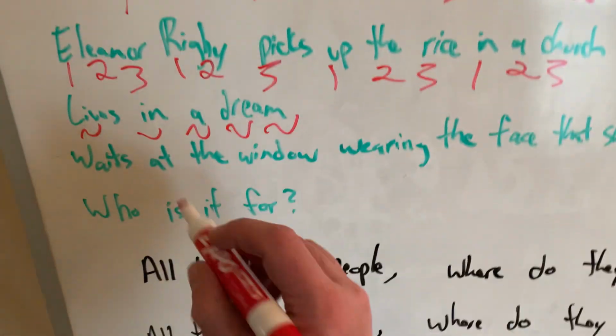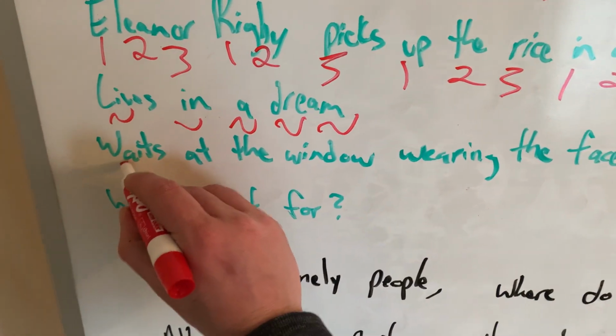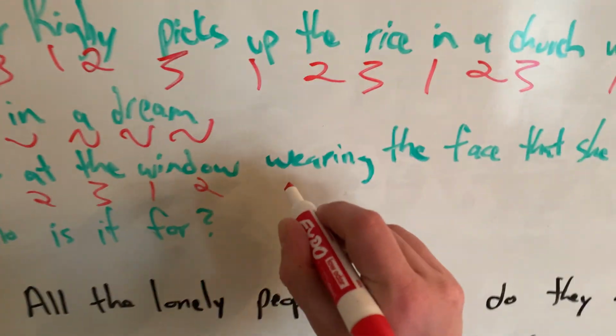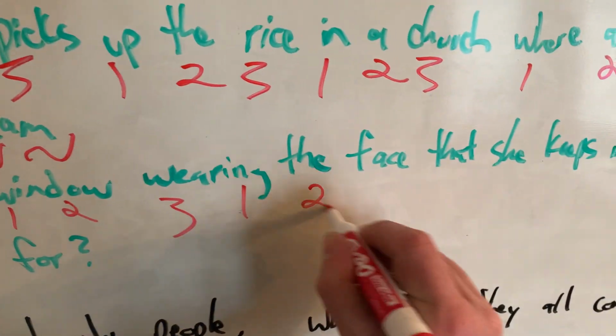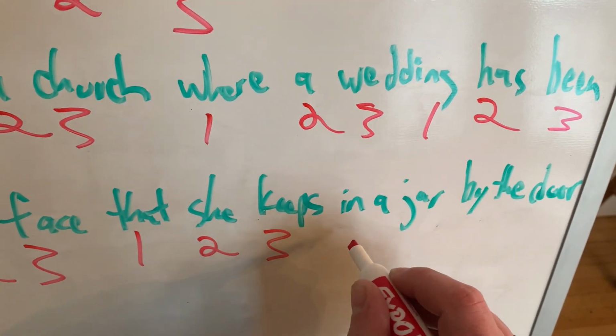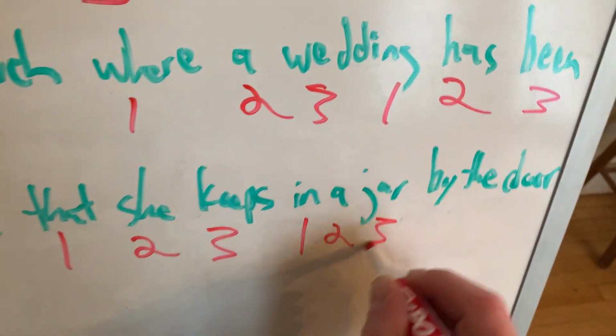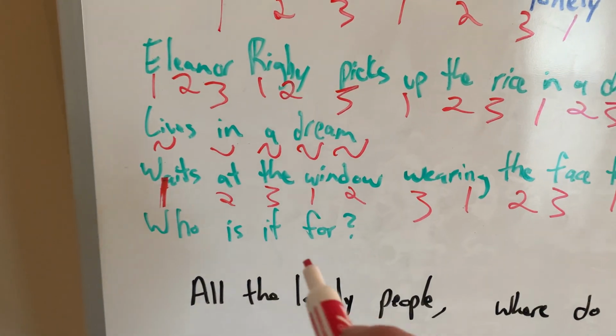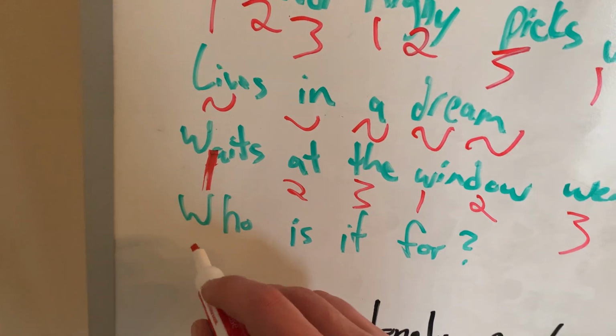The verse goes on. This is basically the same. "Waits at the window, wearing the face that she keeps." There's that 3-note dominant obvious one again. "In a jar by the door." "Who is it for?" There's that insignificant phrase again.